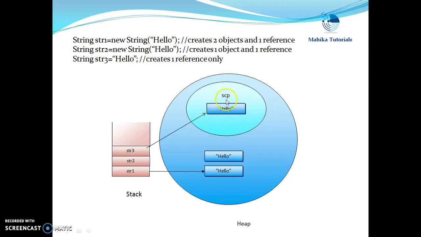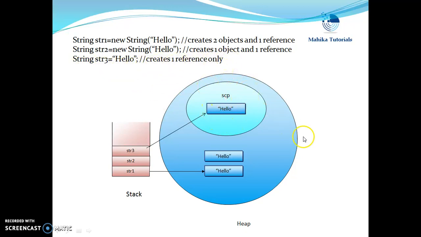And since hello is already there, because when we created the first string a copy of hello was placed in SCP, in this case no object will be created. Since hello is already there, just a reference will be made to this object. So for this third statement it creates only one reference, no object is created.